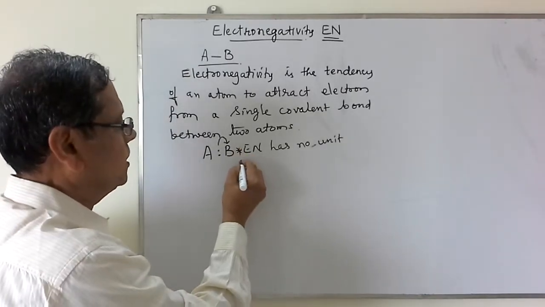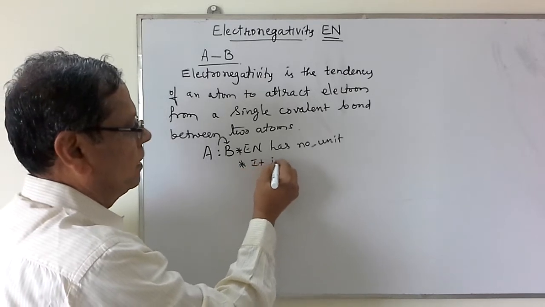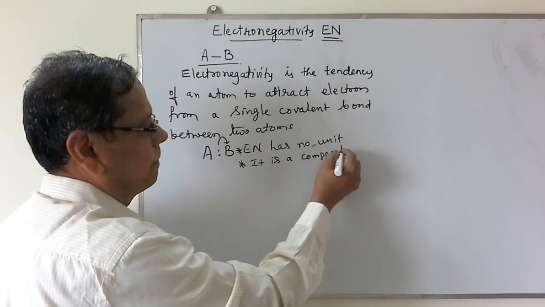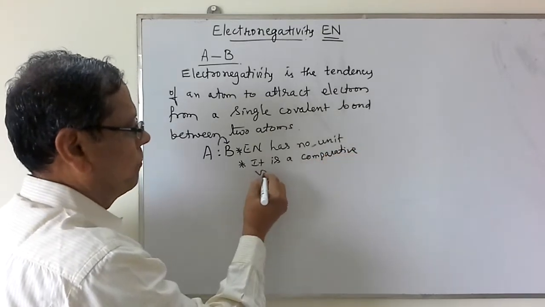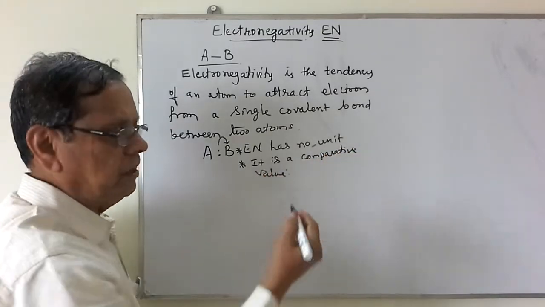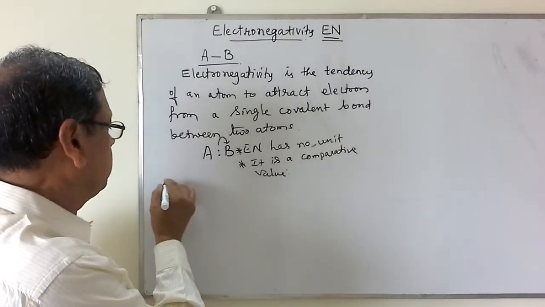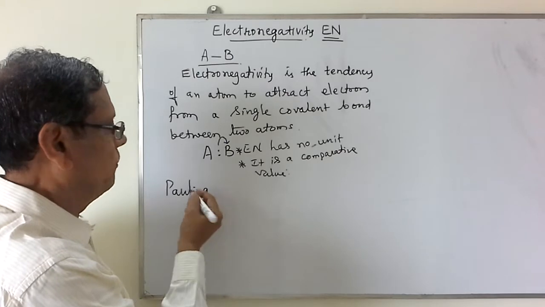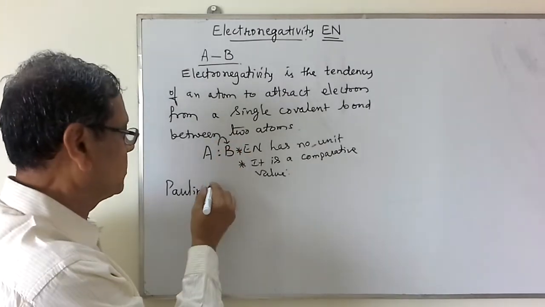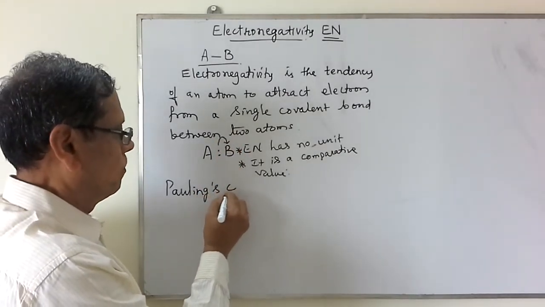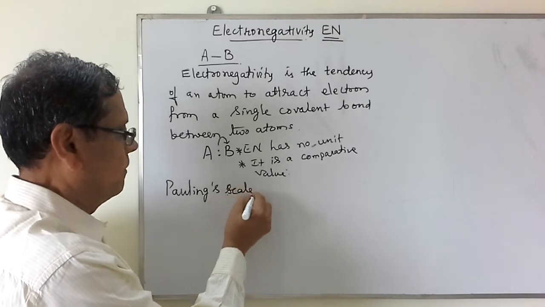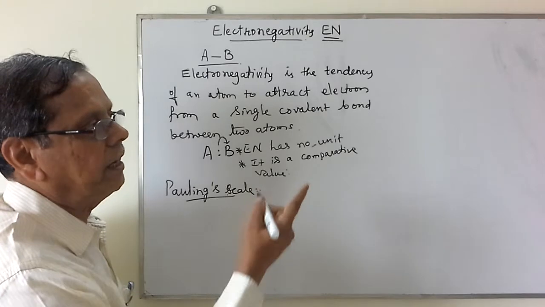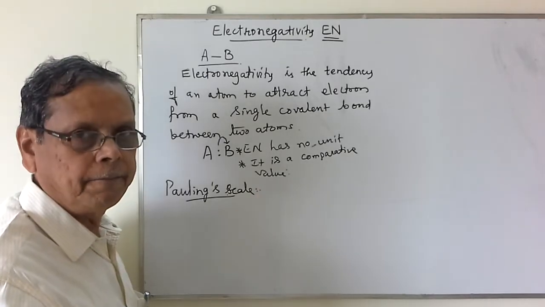The second point is, it is a comparative value. So we use different scales. The most important among the scales to measure the electronegativity is Pauling's scale. In this Pauling's scale, the highest electronegativity is for the fluorine atom.